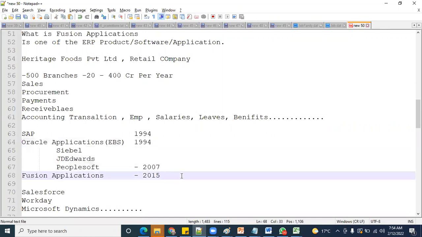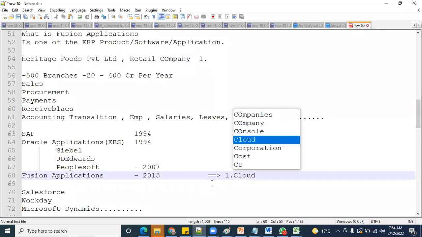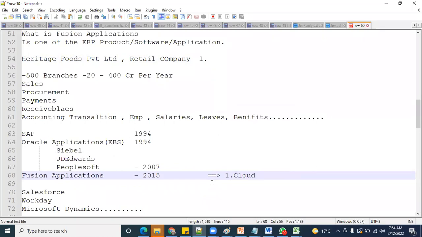Nowadays, if you go to any client and tell them that you have ERP software, the first question the customer asks is, do you have a cloud facility? Whenever you try to sell your ERP product to the customer, the first thing they ask is whether it has a cloud facility.